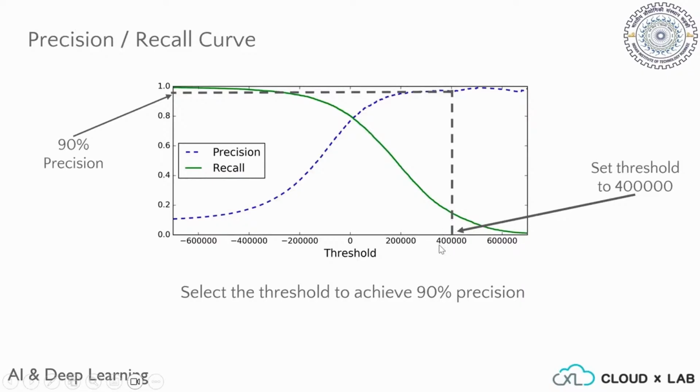We will choose the threshold to this value, because for this value we are getting 90% precision, right? And if you want high recall, then accordingly you will choose a lower value of threshold, right? So depending upon our requirement, whether we want equal precision and recall, or we want high precision or high recall, we will choose one threshold, right?